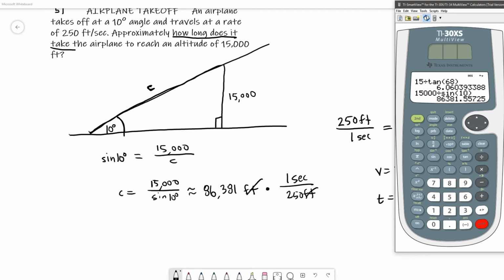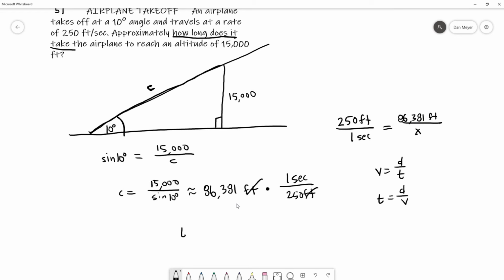When I take my previous answer and divide by 250 feet per second, approximated to the nearest whole number, I get 346 seconds.